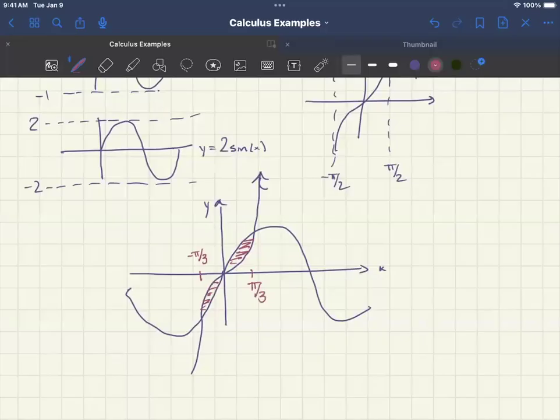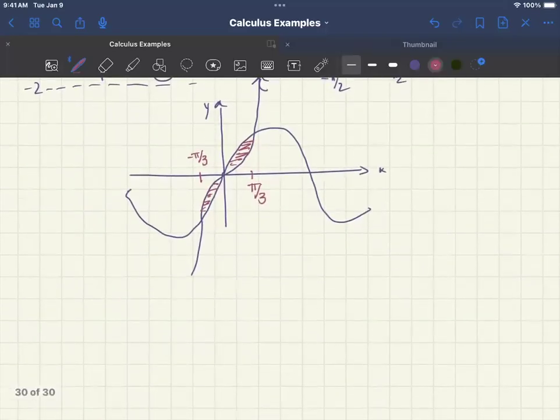You'll notice that because our trig functions have a nice pattern repetition to them, the area that we find right here is going to be the same as the area that we find right here. So why don't we just double the integral from 0 to pi over 3 instead of having to do two separate integrals. So area, we are going to take twice the integral from 0 to pi over 3.